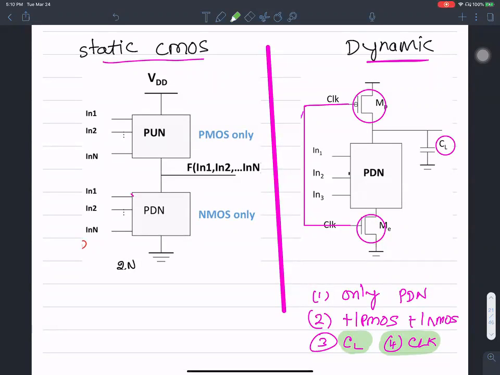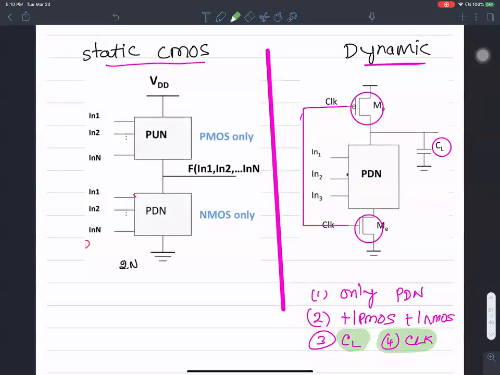Okay, other questions please. So dynamic CMOS is a spin on static CMOS. We reduce the number of PMOS transistors. That way we are consuming much less silicon real estate, and we are also contributing much less capacitance, thereby operating at a higher speed.